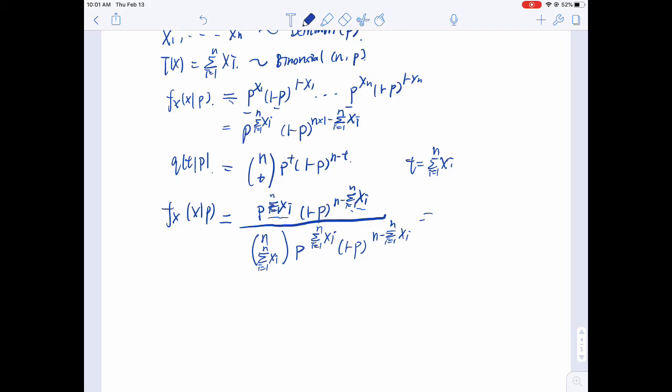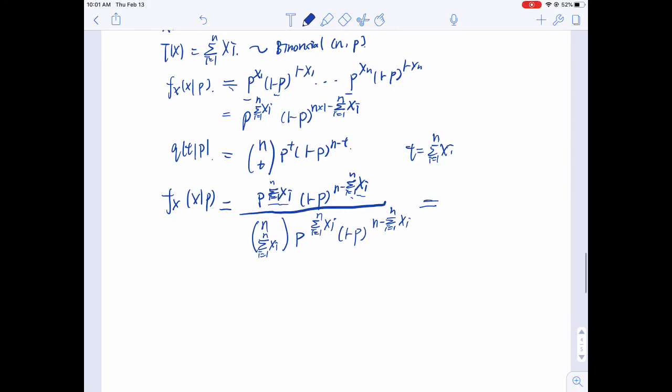Okay, now it's time to do the cancellation. Apparently these two terms cancel out each other, and these two terms cancel out each other, because we substituted T as the sum of xi, so we know they are equal to each other. And then what we are left with is just 1 over n choose the sum of xi. And we can substitute the sum of xi back as T(X).